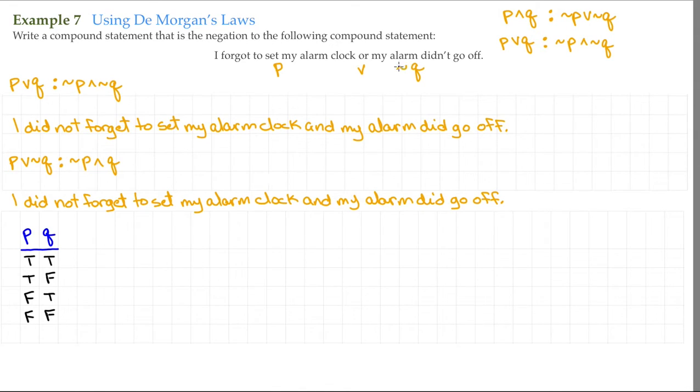I'm going to need some not P's and not Q's, so I'll put those in right away. So now I'll put in the truth table for P or Q. And then I'll build the truth table for not P and not Q.